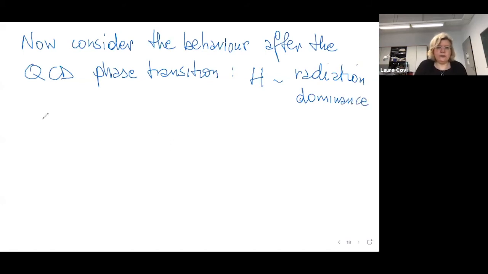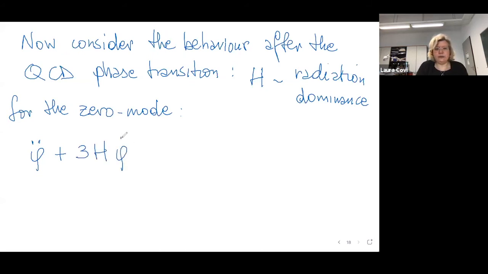And the equation, of course, is similar. So for the 0 mode, the k equal to 0 momenta part of the field, we have again a similar equation. We have the second derivative, we have 3 times H, the first derivative.